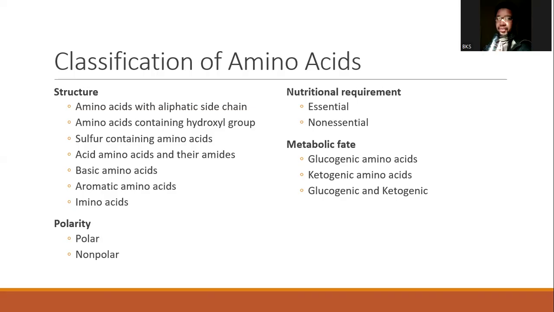Amino acids were also classified based on their polarity, their ability to interact with aqueous and non-aqueous environments. Their ability to be produced by the human system was also used to classify these amino acids.